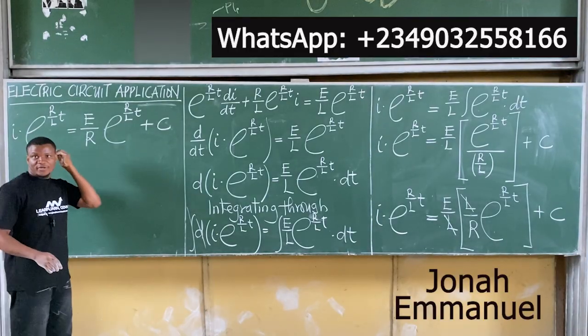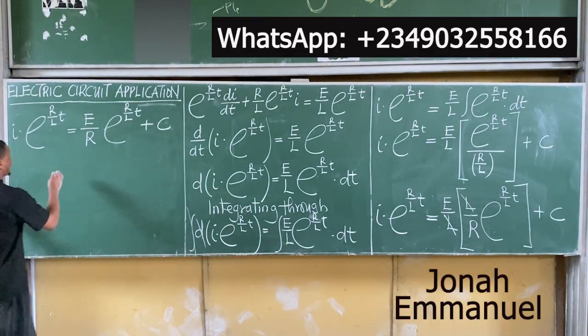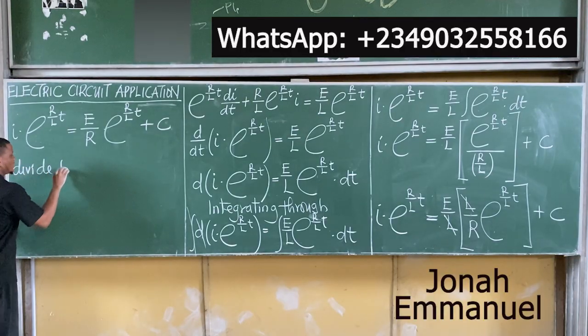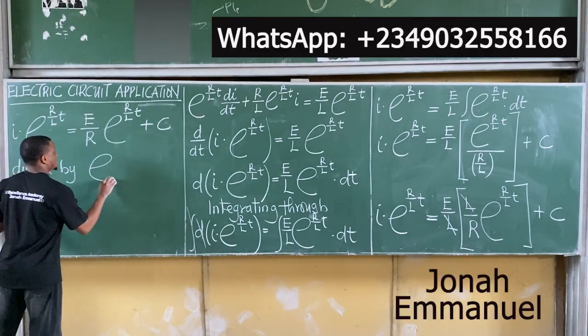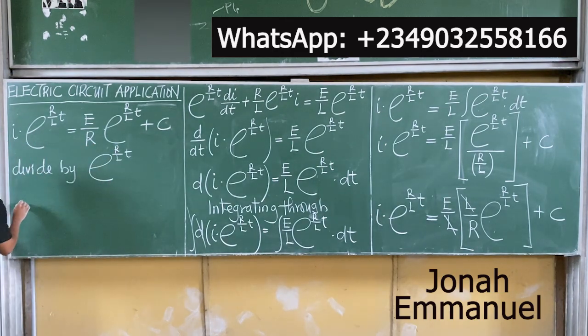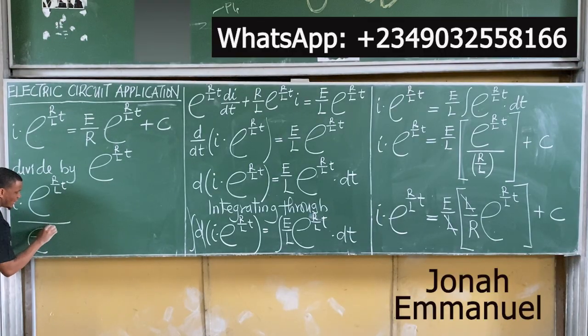Just hopefully you copy it correctly. At this point, divide by exponential R over LT. That becomes I dot exponential R over LT all over exponential R over LT.